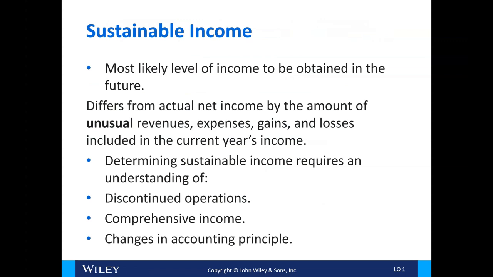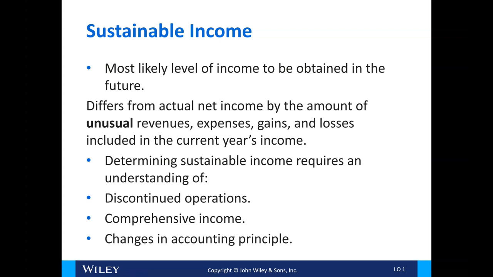And so that's what we think will be sustainable. So we want to isolate discontinued operations because if you are relying on the cash flow from this company and they discontinue operation, then you need to take into account how that is going to impact the future.